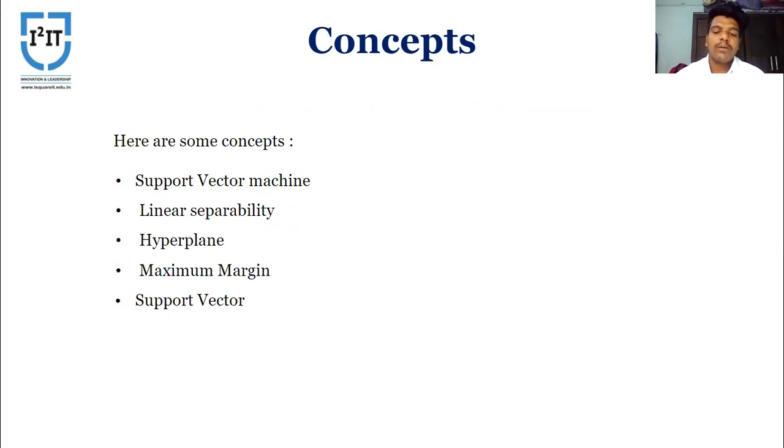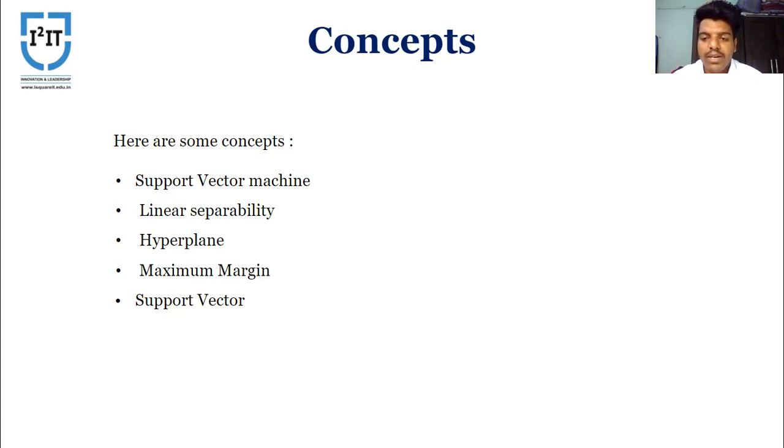Linearly separable means a data set is called linearly separable if there exists a hyperplane such that all data belonging to a particular class lies on one side of the hyperplane. A hyperplane is a higher dimensional generalization of a line in 2D or a plane in 3D space.